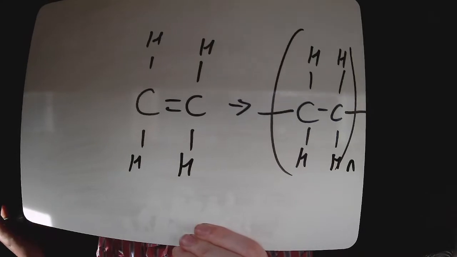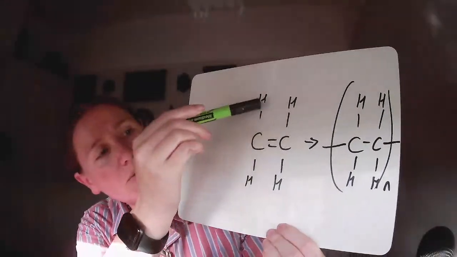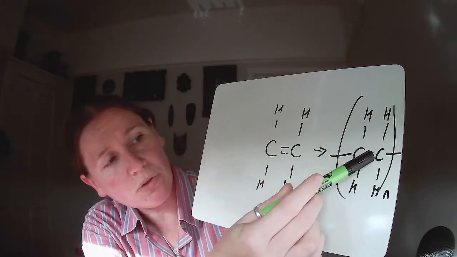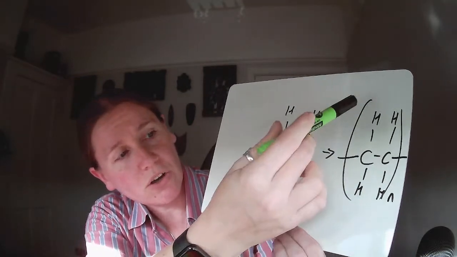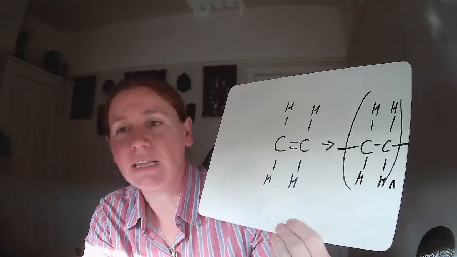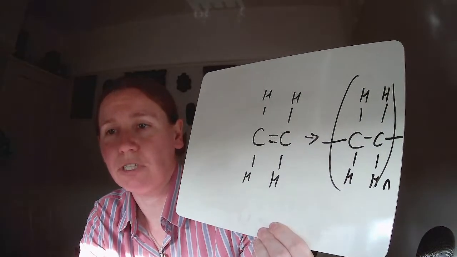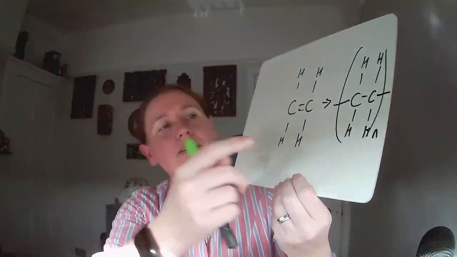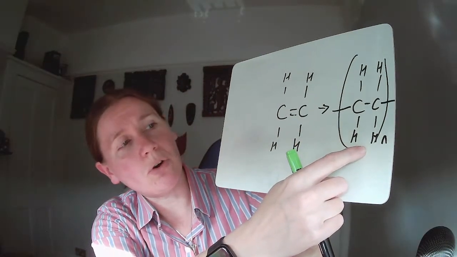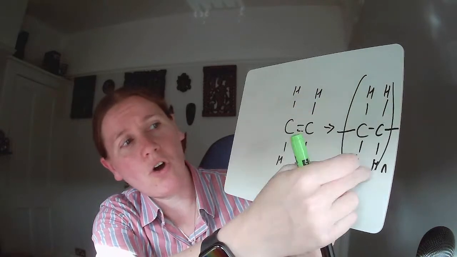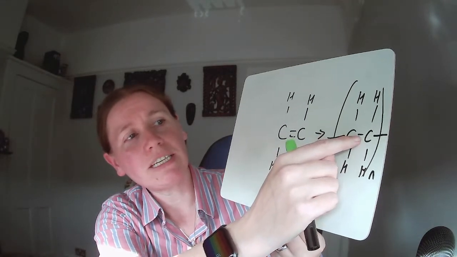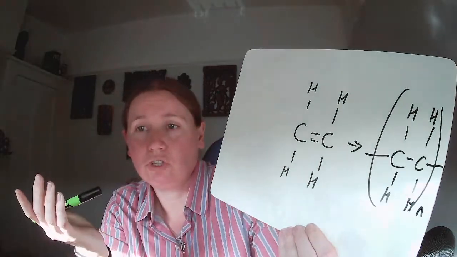So really straightforward here. Whatever they've given you as the monomer, copy it, swapping out that double bond for a single, little arms out the side, in brackets, and don't forget the little N in the bottom corner there, which just stands for many. If they give us the polymer here and ask you to draw the monomer, reverse that. Copy it, ignoring the bit sticking out the side, and then change that single bond for the double. Job done.